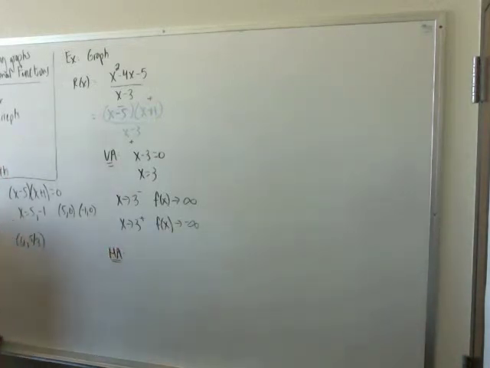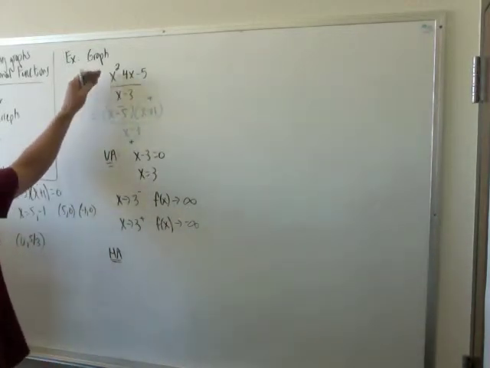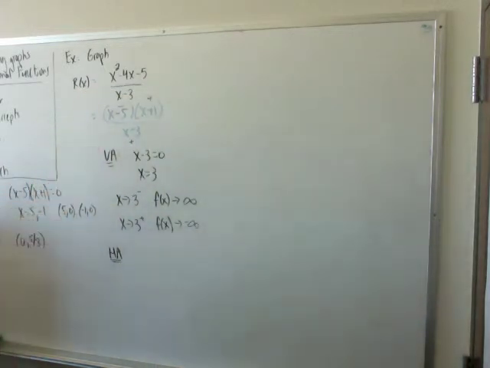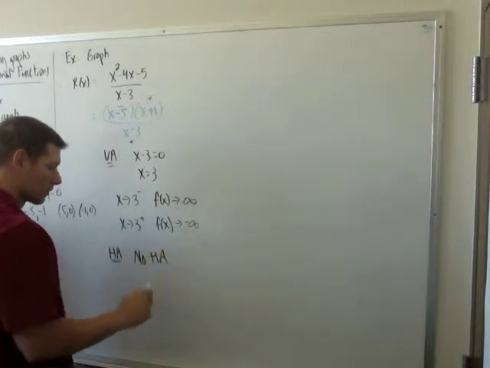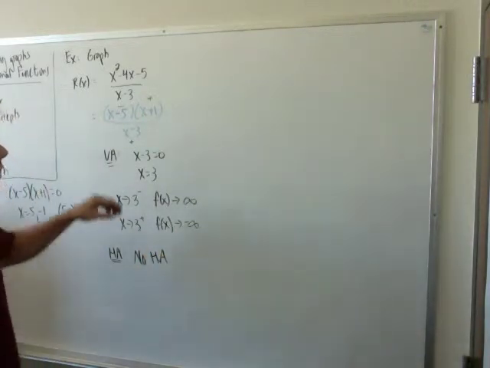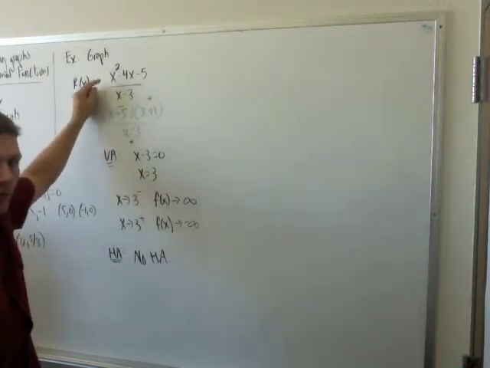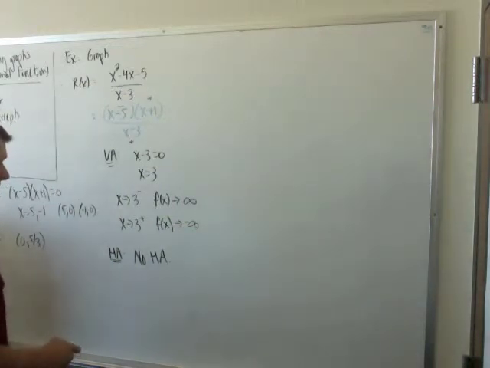Horizontal asymptotes, this is where it gets tricky. We look at the degree. Degree of the numerator is 2, but the degree of the denominator is 1. So this is a top-heavy situation, so there are no horizontal asymptotes. However, when the degree of the numerator is 1 more than the degree of the denominator, then what we're going to have is something called a slant asymptote.